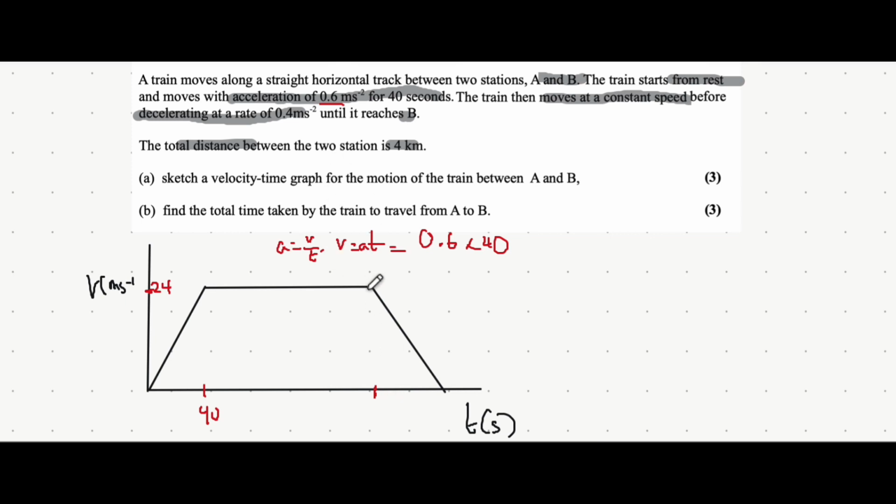But since it gives you the rate of deceleration, 0.4, we can once again use that gradient. So we know that A is minus 0.6, because it's a negative gradient, it's decelerating. And we know it's decelerating from 24 meters per second to 0.